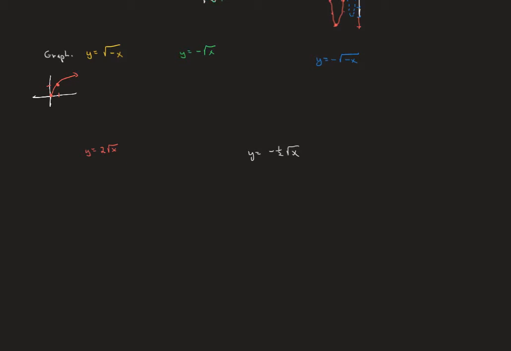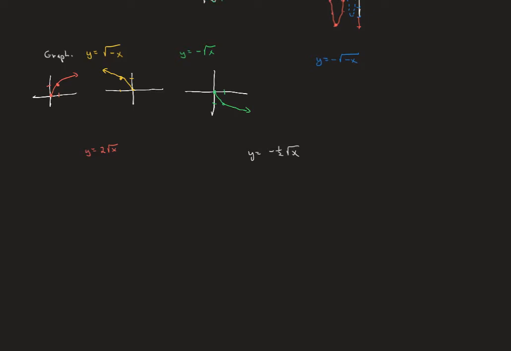So our square root inside the function is going to be a reflection in the y, so we are going to get something that looks like that. The negative on the outside is going to reflect it in the x, so that's going to make us go through the point 0, 0 and 1, negative 1.